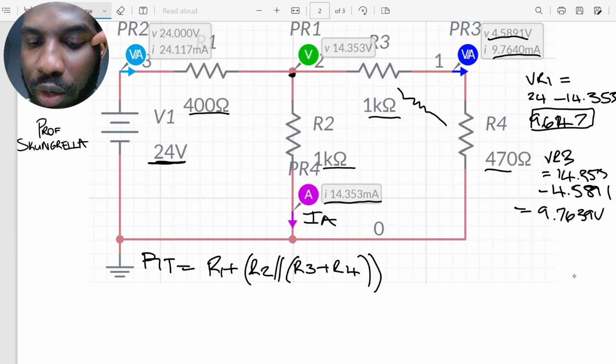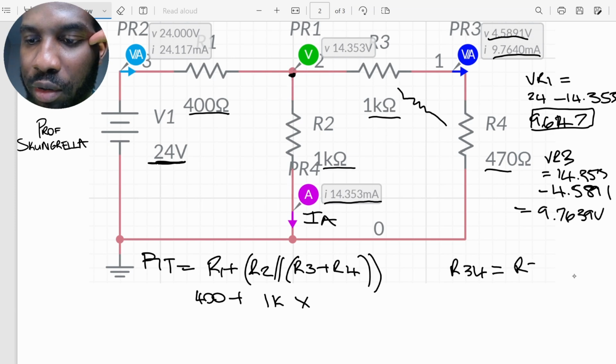So you can see here we're going to have 400 plus 1K times these two. To find R34, it is equal to R3 plus R4, which is 1K plus 470.